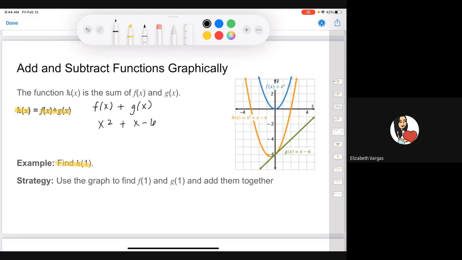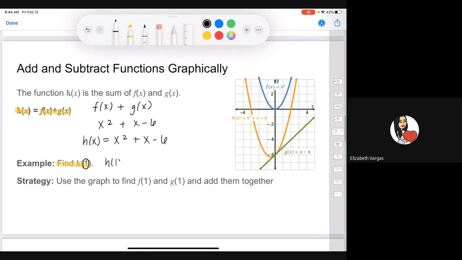We saw that we don't simplify that any further, so that's where we end up, which means that h(x) is equal to x squared plus x minus 6. Now we have a function for h(x). The next step is to substitute 1 for x into our x values.